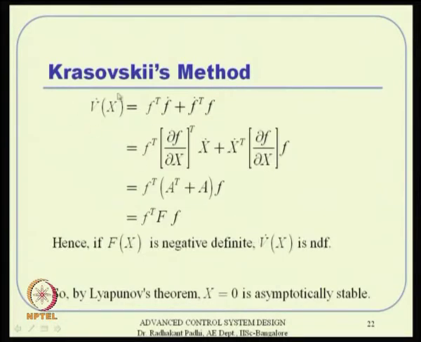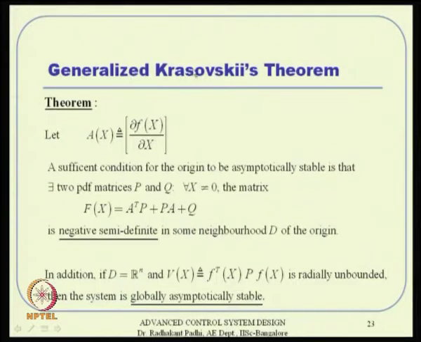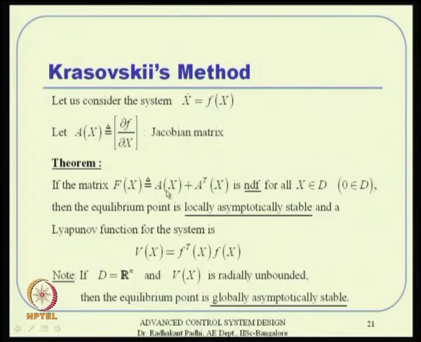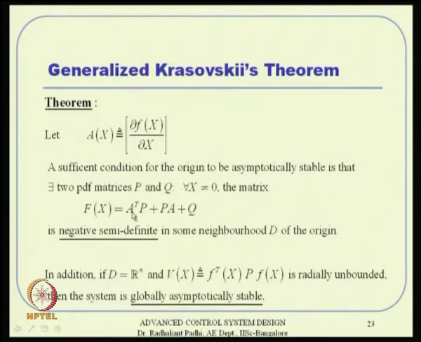So, that way it leads to this Krakovsky's generalized theorem, which tells you that you still evaluate this A of x in a similar way, so rather the same way. Okay. Then you construct f of x not just that A plus A transpose sort of thing, but you construct it something like A transpose P plus P A plus Q with two positive definite matrices that you have to select along the way actually.